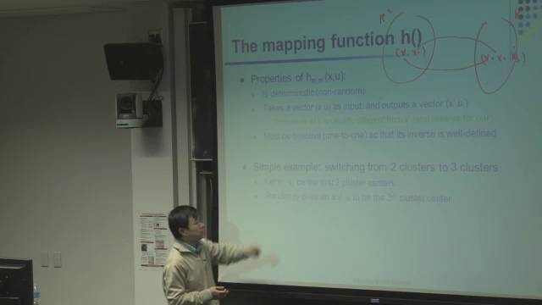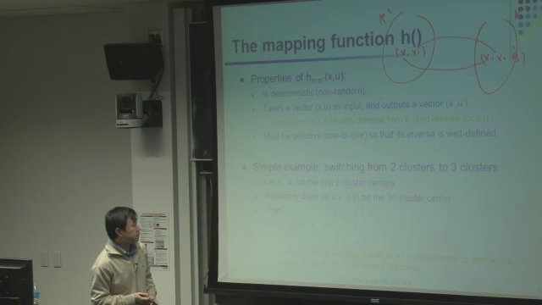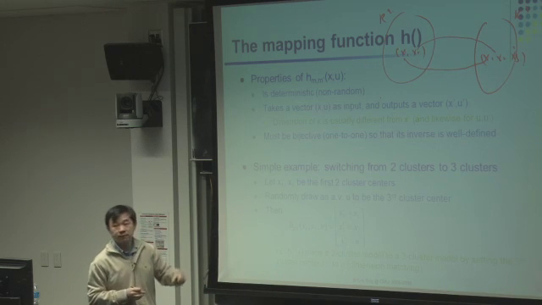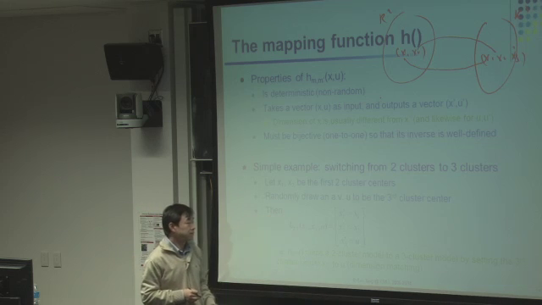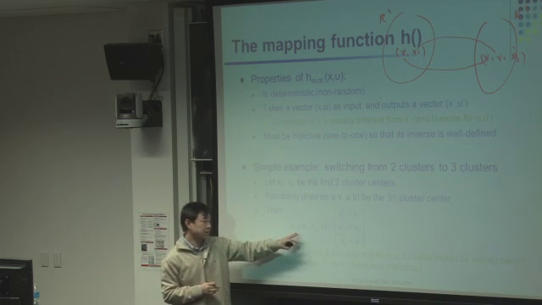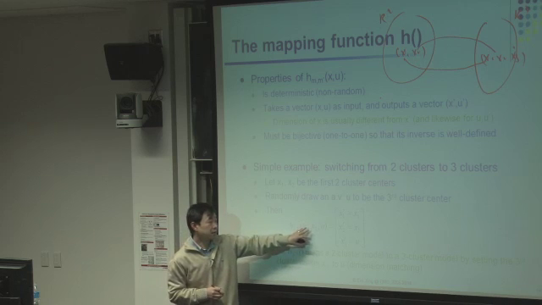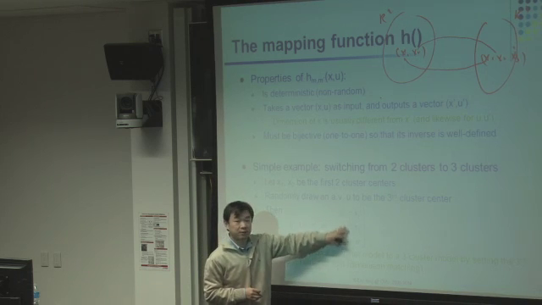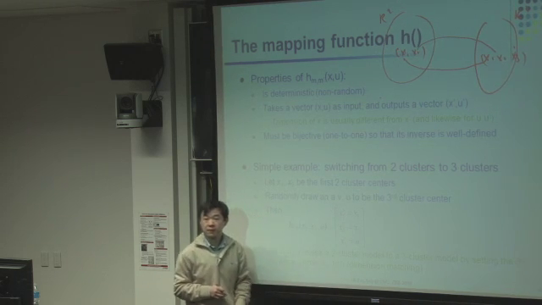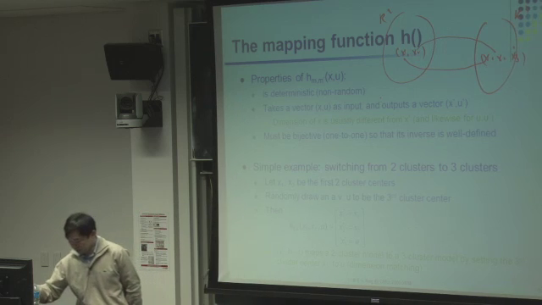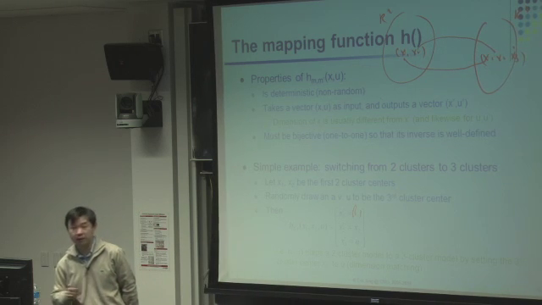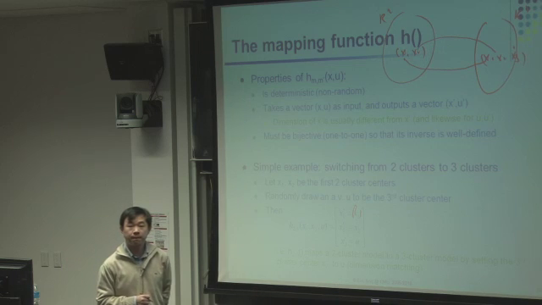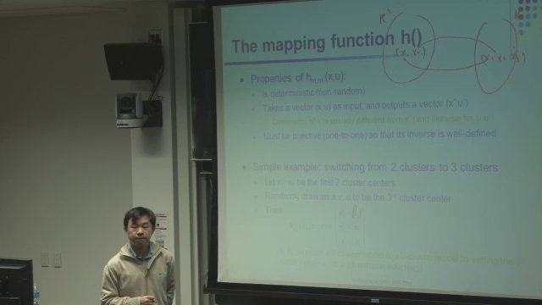Then I'm going to draw a random value for the third cluster, and then I can easily see that the mapping function from the two-dimensional random vector to the three-dimensional one is this one, a very explicit mapping. You can of course make it fancier by putting a function here as well if you want. Just that it should be non-random, but you pick a random one for the third dimension.